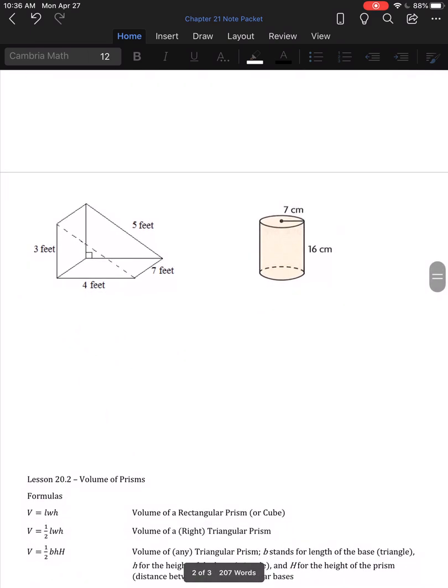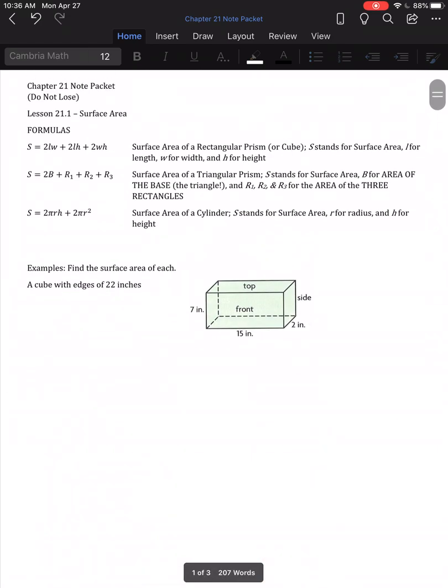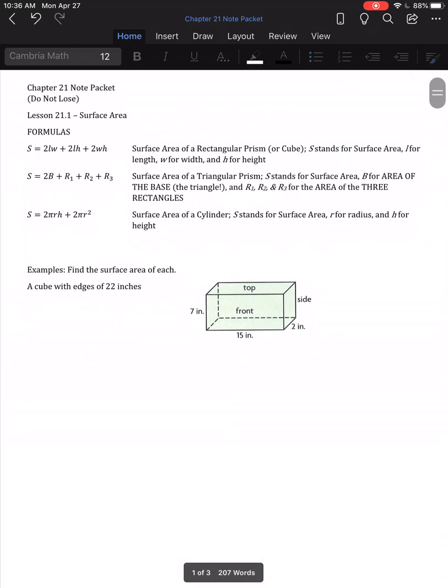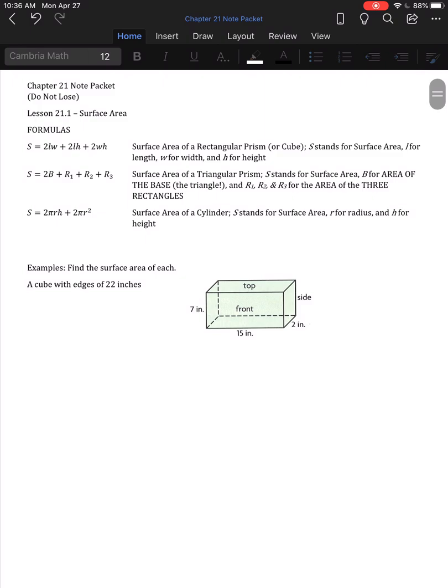So next up we've got a triangular prism and then a cylinder. So let's pop back up to the formula real fast. Surface area of a triangular prism is 2 times the area of the base, which is always the triangle, plus rectangle 1, plus rectangle 2, plus rectangle 3.